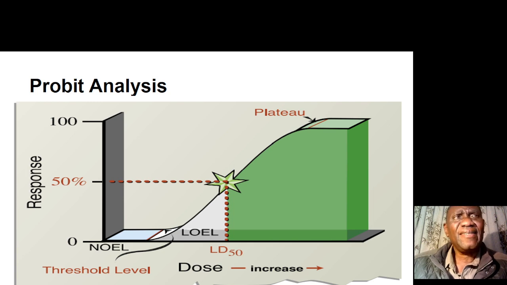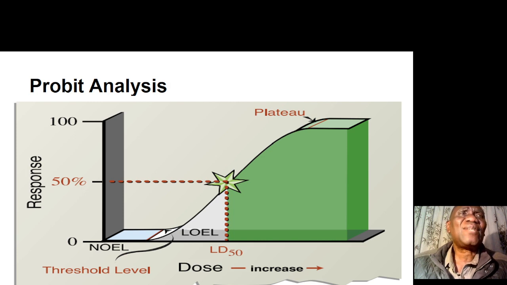At first, nothing seems to be happening at low dosages. We have got the 0 there in the control. There is no death. But as you increase the concentration, you may reach what is known as the threshold level.